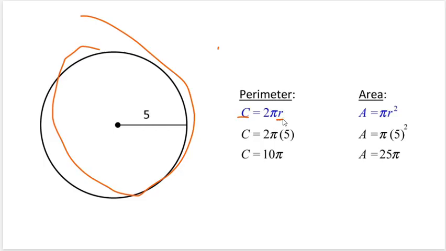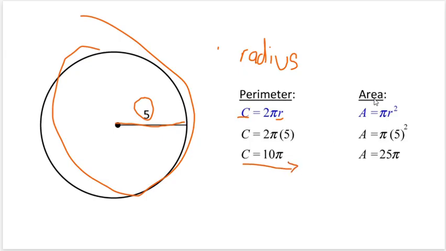This r here stands for radius. The radius in this example is 5, so 2 pi times 5 gives us an answer of 10 pi.